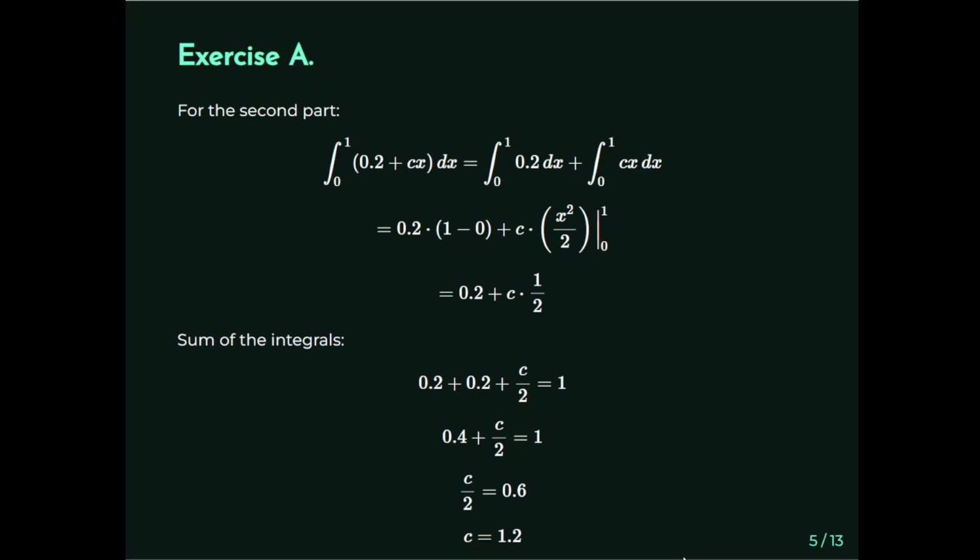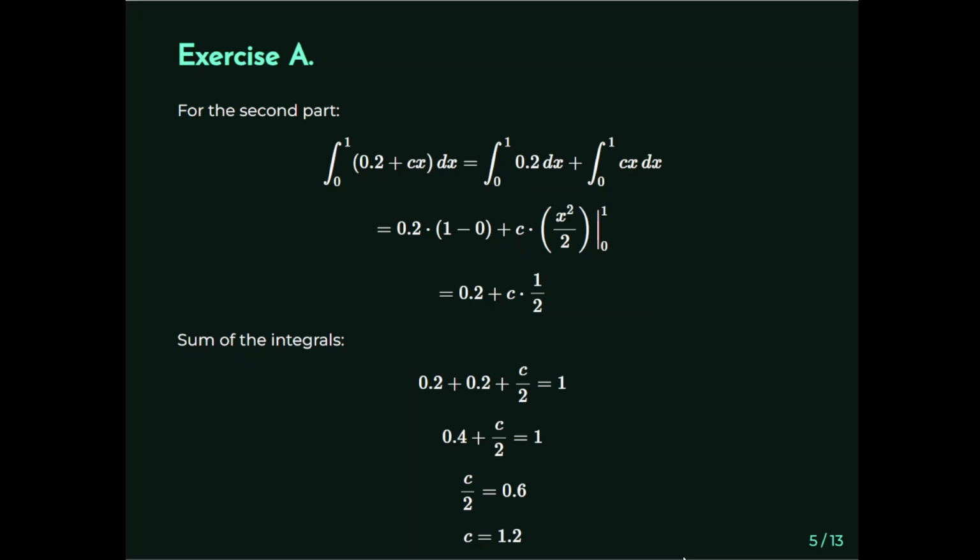For the second part, the integral of 0.2 plus cx dx, we're going to evaluate that between 0 and 1. Again, we can split it up into two parts, just to make life simple for ourselves. We can evaluate the first component in the same form that we did in the negative part of the range, and it works out to be 0.2.